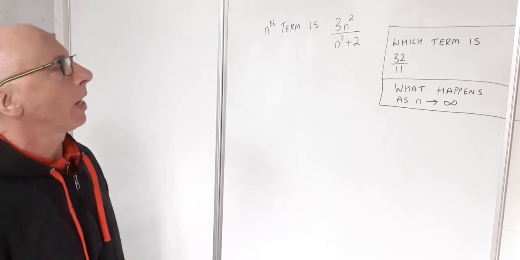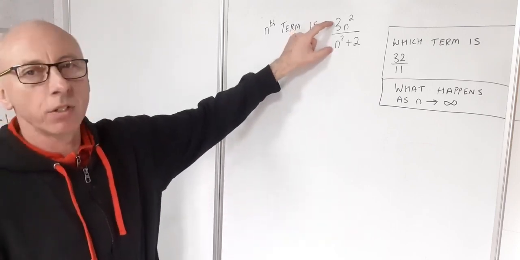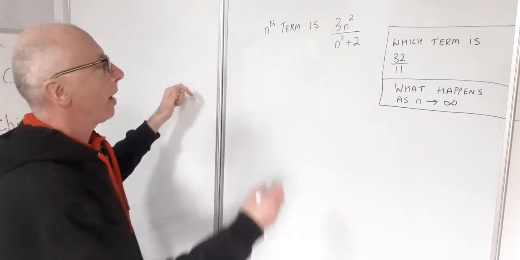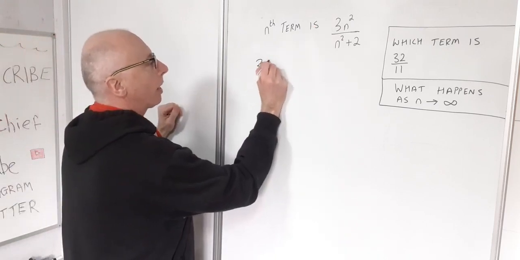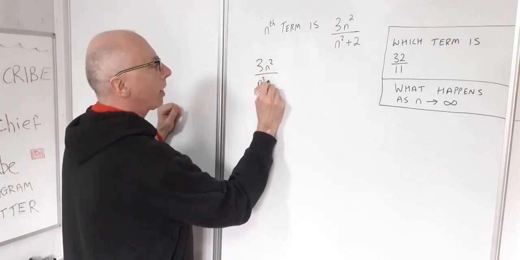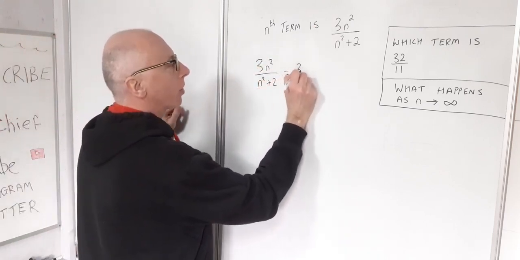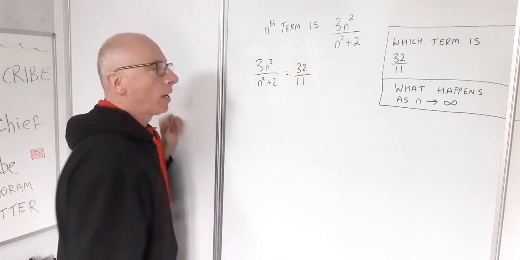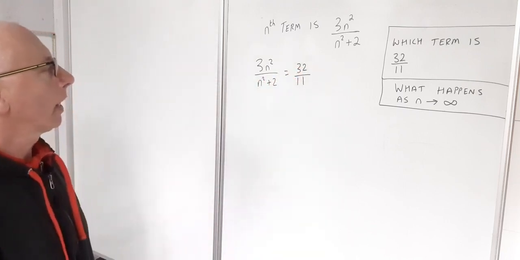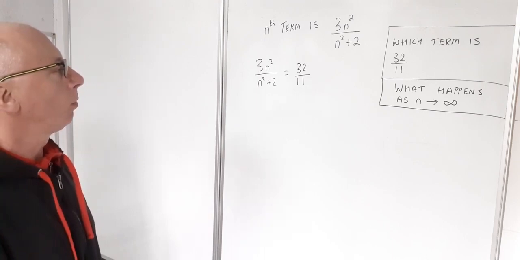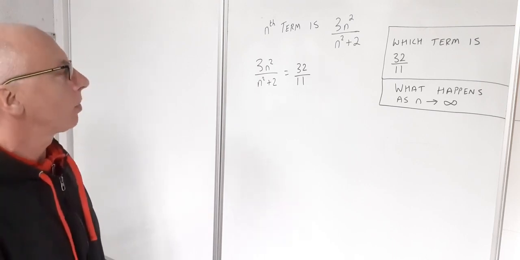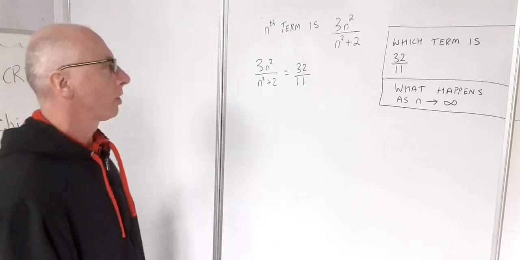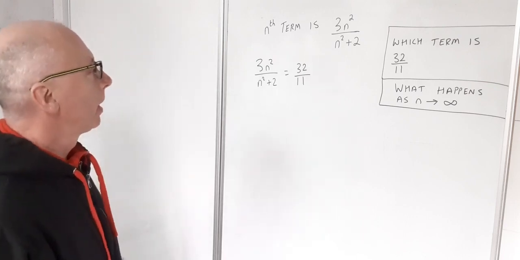So the easiest way to do that is just to set this to 32 over 11. Let's do that. So 3n squared over n squared plus 2 equals 32 over 11. Now what we can do here is just use our rules for fractions when we're trying to simplify.